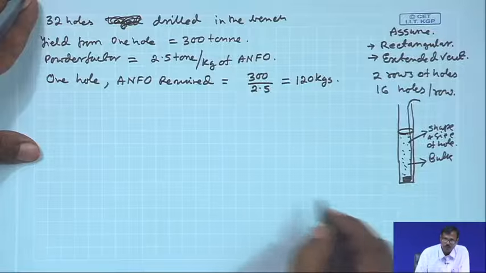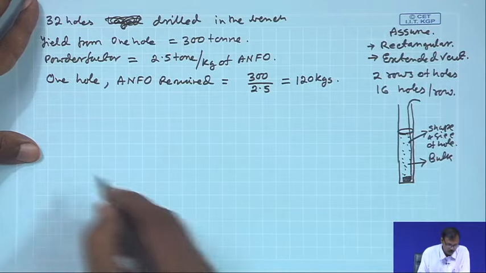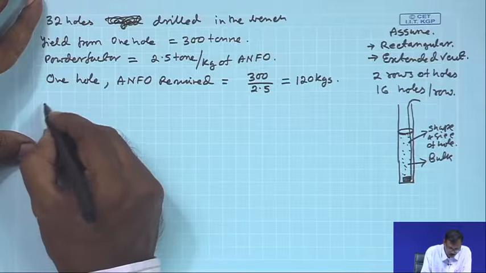So, the diameter of ANFO placed in the hole is equal to the diameter of the drilled hole. That is why the ANFO is bulk loading type.